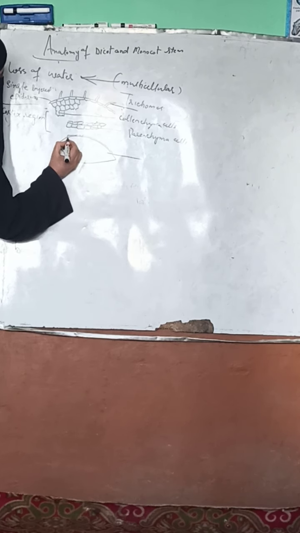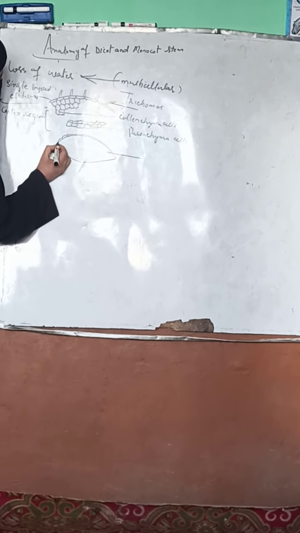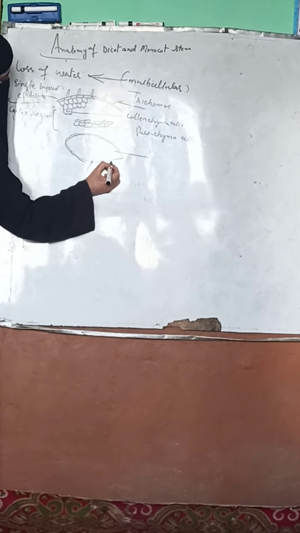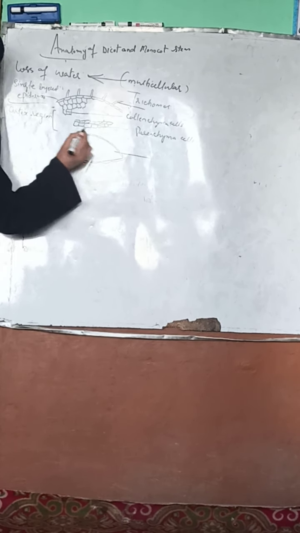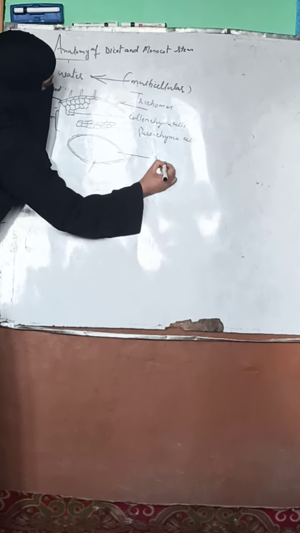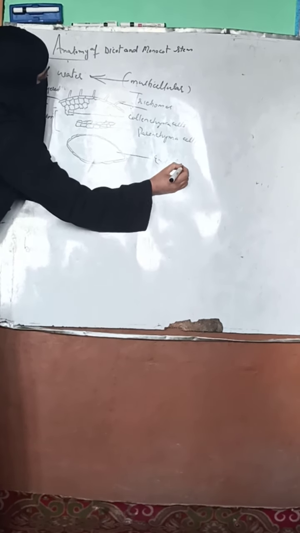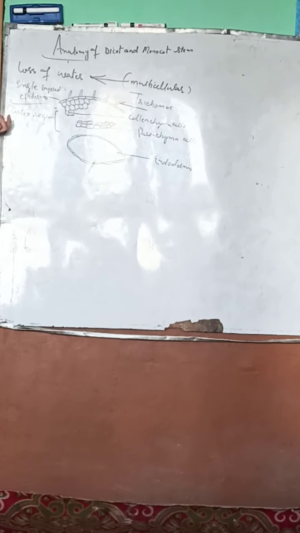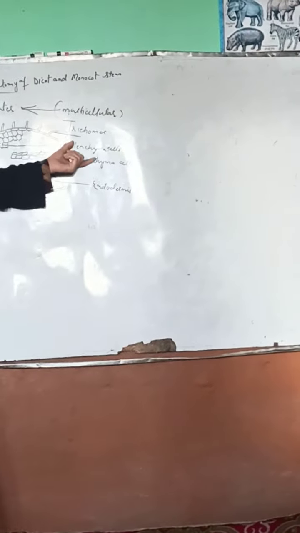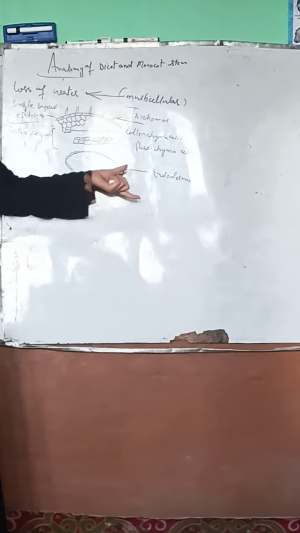We know that this endodermis is situated also in cortex region. We know that this cortex region is divided into three parts. First is collenchyma, second is parenchyma, and the last one is endodermis.